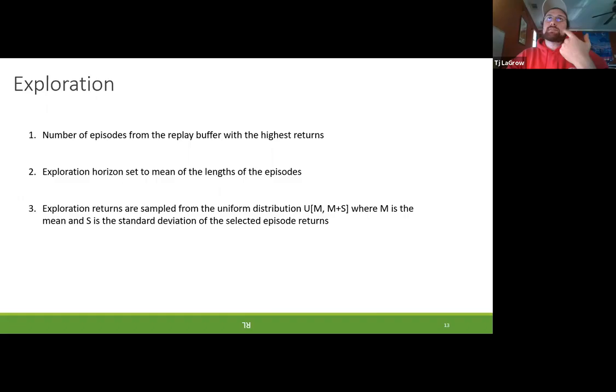And so the exploration returns a sample from the uniform distribution of the mean plus standard deviation, where M is the mean and S is the standard deviation for the selected episode return. So you might have hundreds of different connections or nodes that the agent might be able to take, and this is a way of minimizing the number of actions in this table as you start to learn the algorithm.